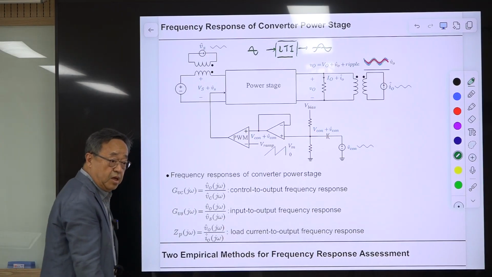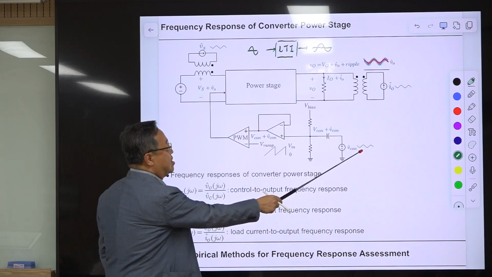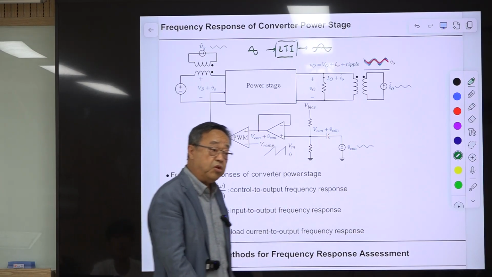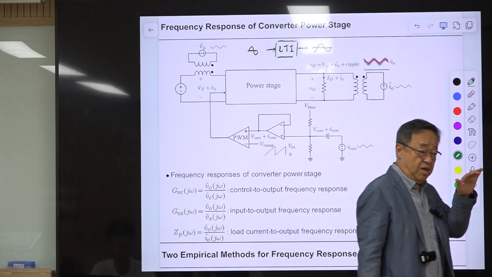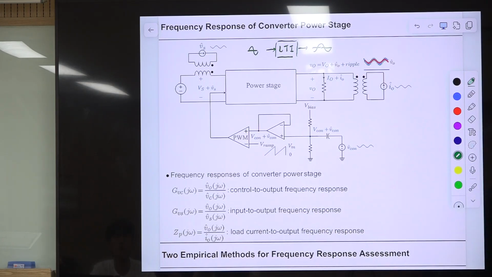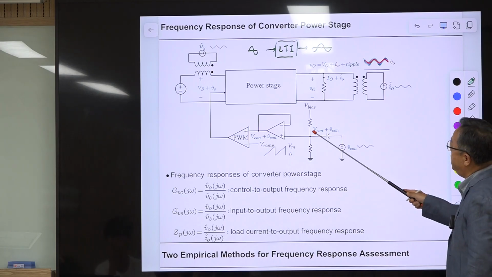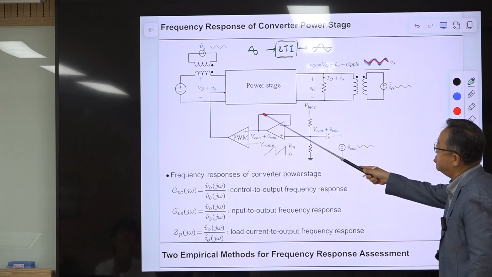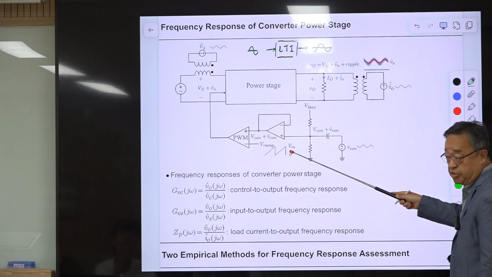Okay, and you apply the AC sinusoidal waveform, then this capacitor is large, more than 0.1 microfarad. So most likely it works as a short circuit for this signal. So the signal will be sitting on top of this DC value, and that signal is passed through this unity gain buffer, and it appears here.